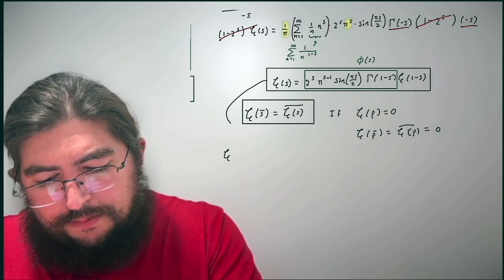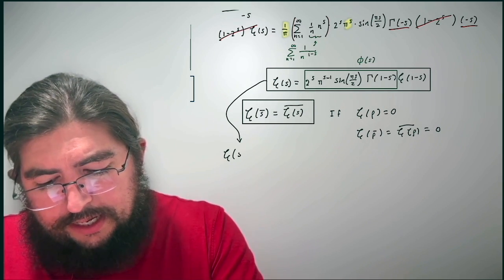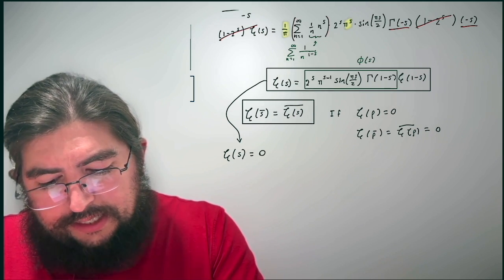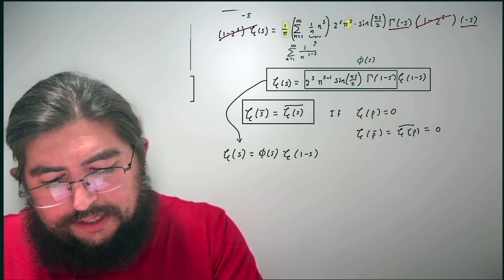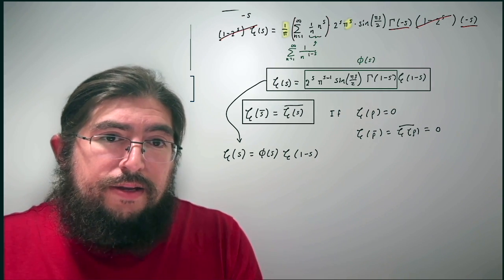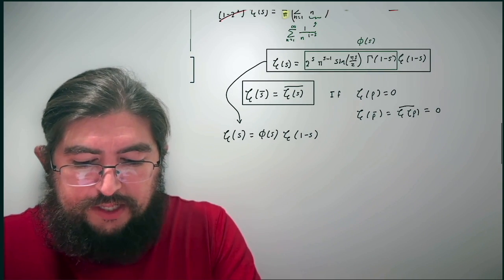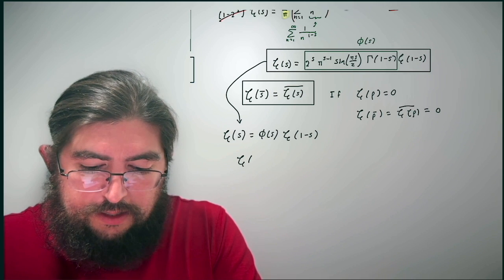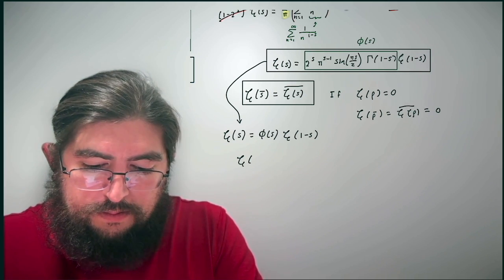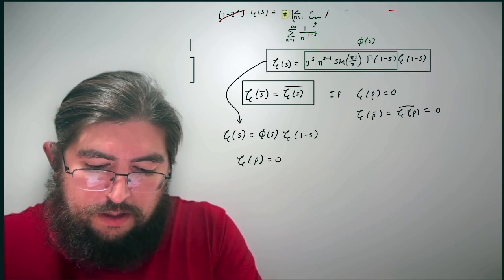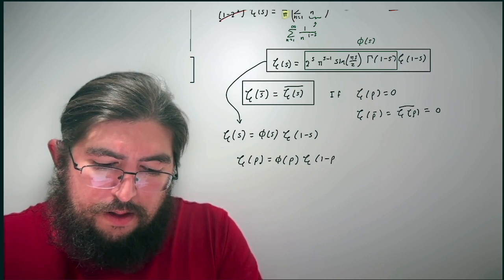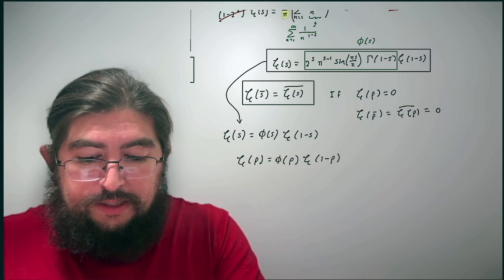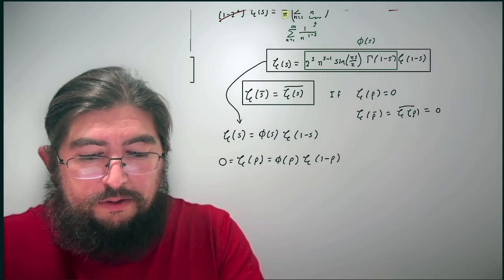So the functional equation basically says the following: zeta of s is some function of s times zeta of 1 minus s. So if you have a zero rho of the zeta function, then this ends up being true, and because rho is a zero, this is equal to 0.